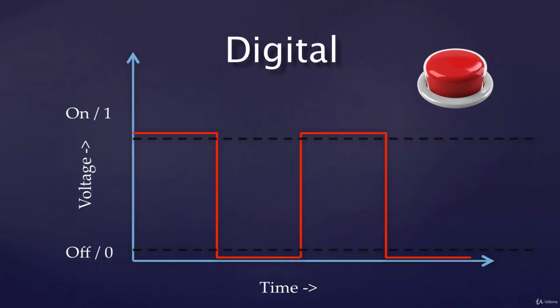Here, we see a button press over time. At the start, it is on, so it's pressed, the circuit is complete, and the Arduino receives a 1 or a high signal. After a certain amount of time, the button is released, and we receive a low or an off signal.